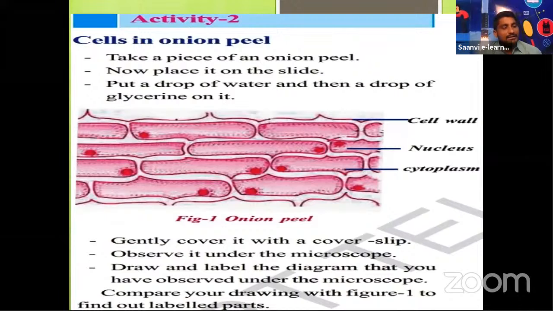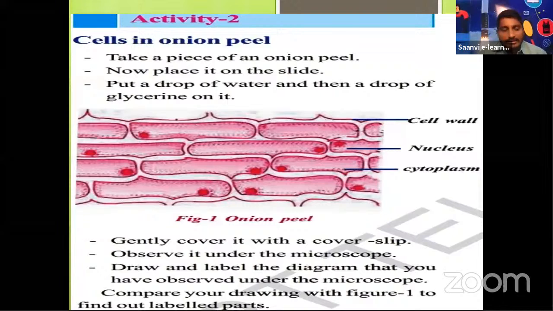In figure number 1, are all the cells similar? Yes, similar in shape and structure, children. The cells which we have observed in onion peel are similar in shape and structure.